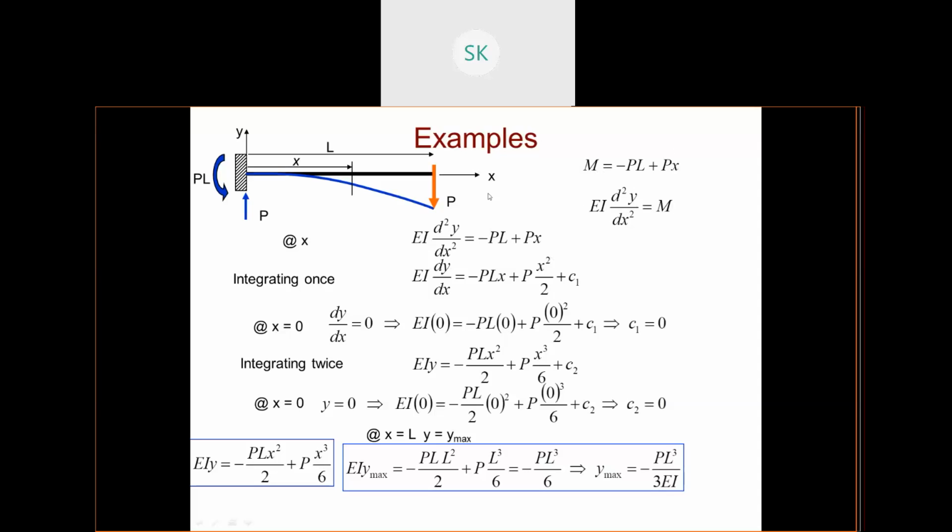Now integrate this once. Find the value at the boundary condition. Boundary condition means at x equals 0, there is no load, so no need to find here. Then x equals 0, x equals L. At x equals 0, you got C1 equals 0. Again at x equals 0, you got C2 equal to 0. So you have found the equation.